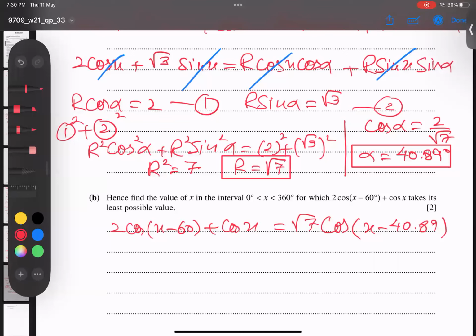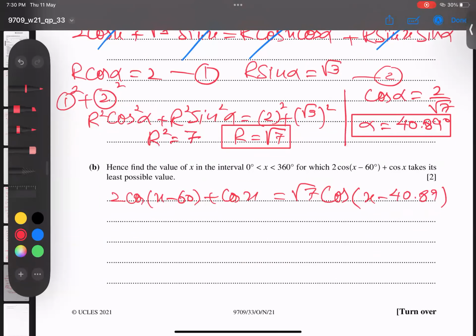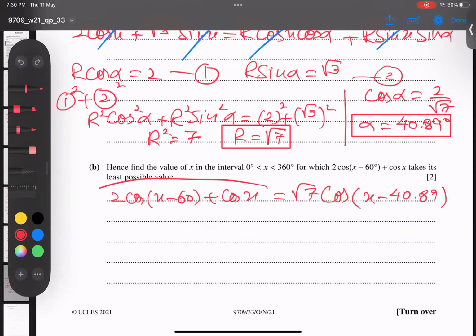I'll tell you two techniques to get the least value. One is a long technique, but the short technique I tell here. Students, this answer depends upon this answer, right? Because I'm looking for the least value, so I take the extra part, cos or sine.